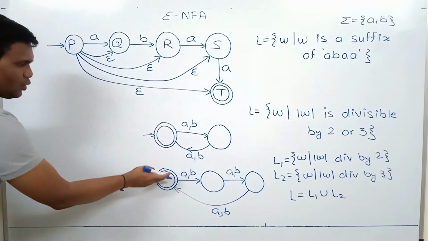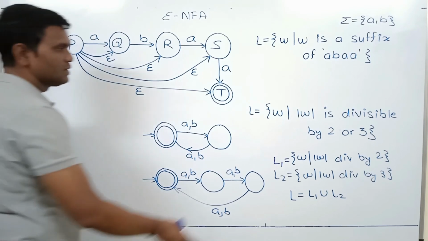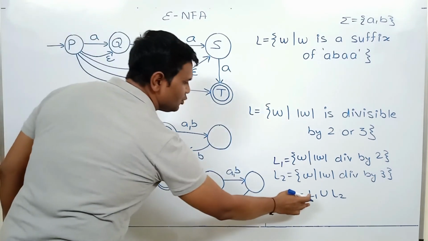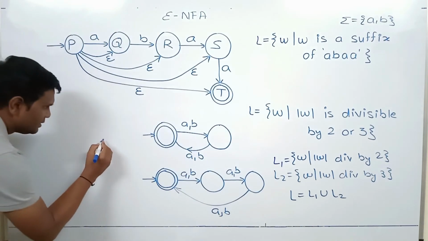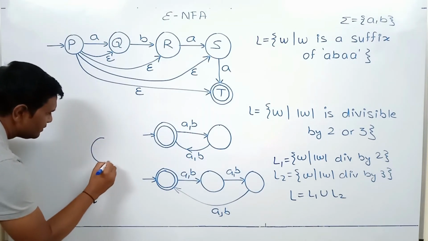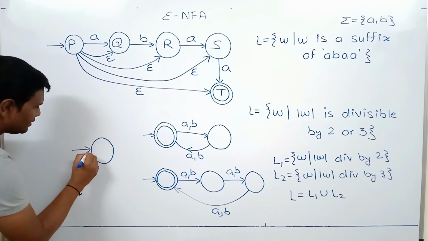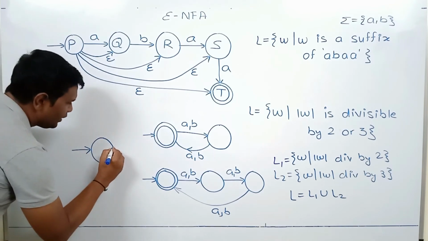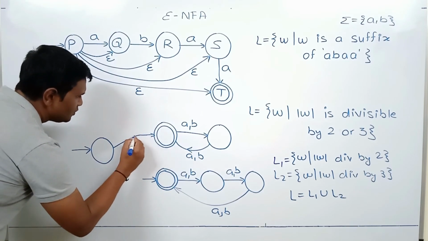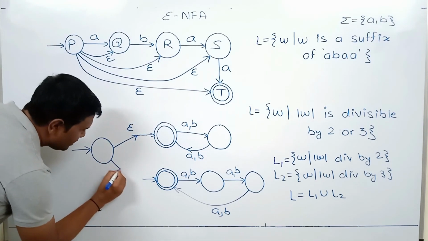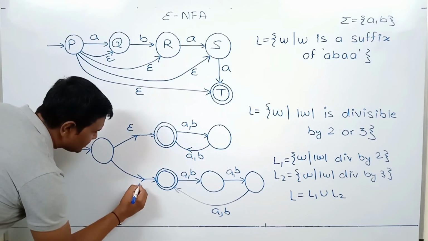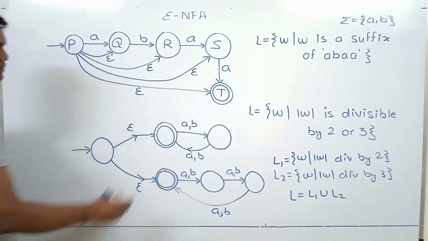Now using these 2 NFAs, we will construct NFA for the given language L. L is L1 union L2. So we take another initial state, and from here we add an epsilon transition to this NFA, and similarly another epsilon transition to NFA of L2.